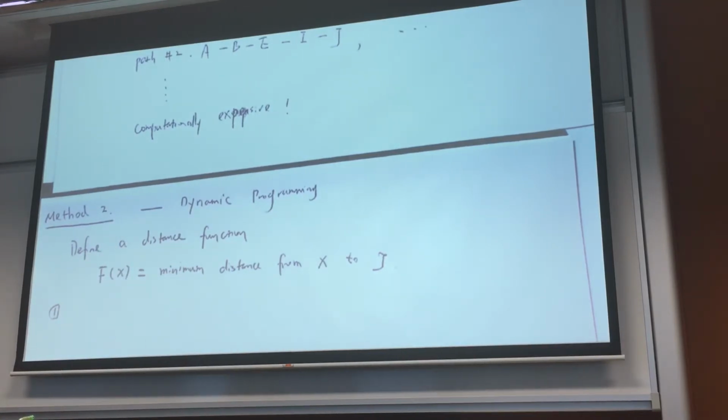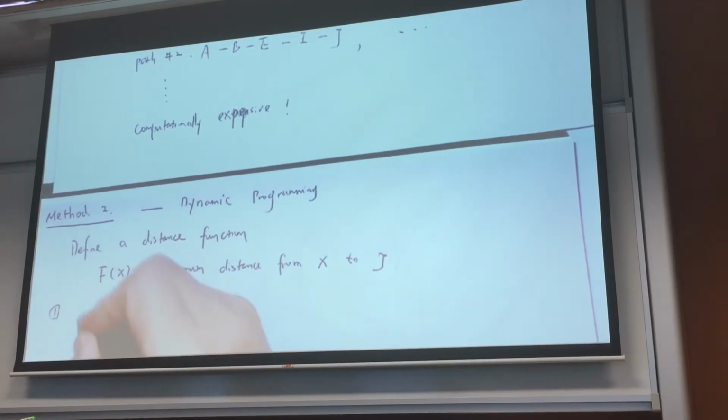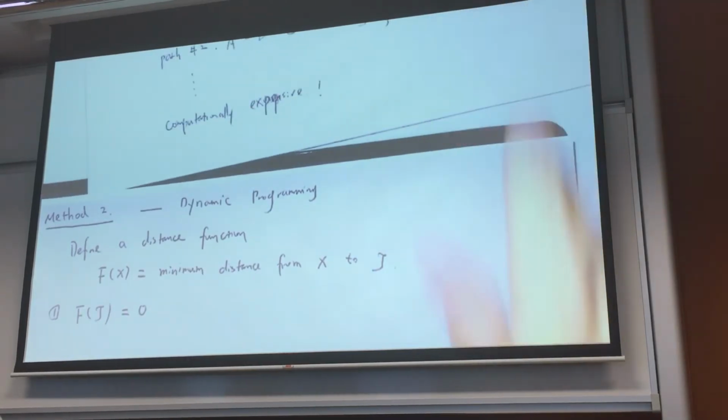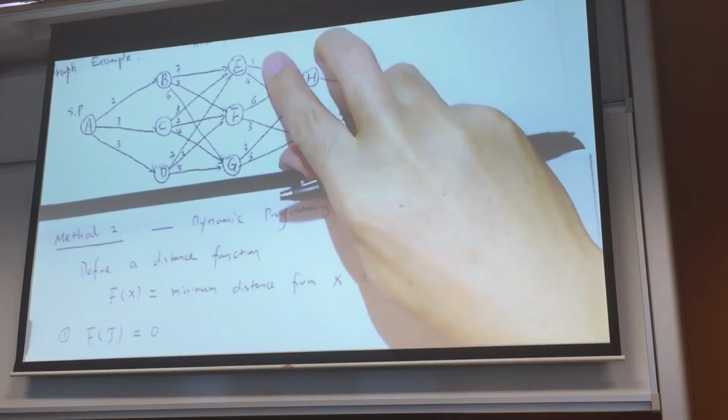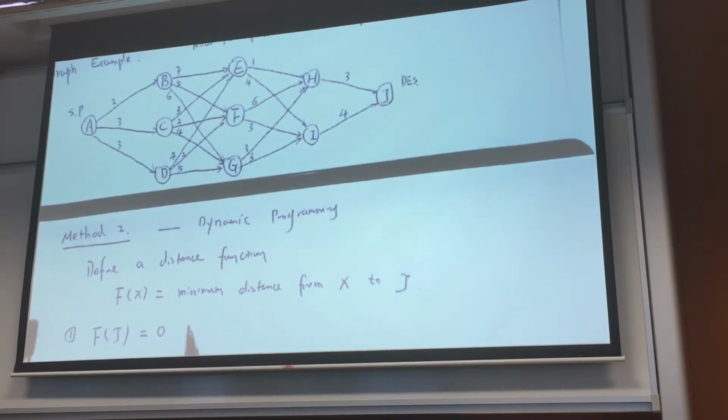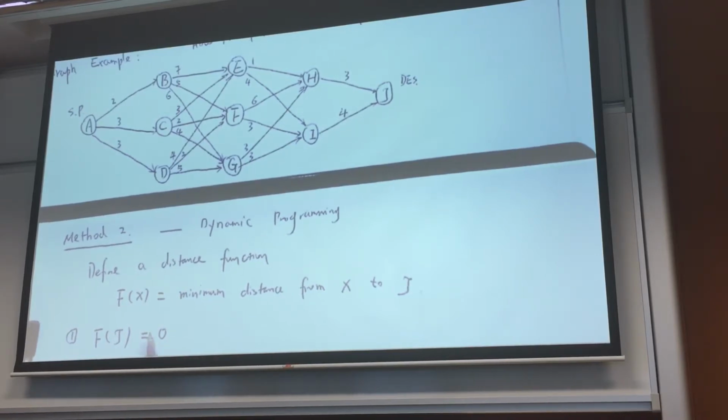We start from the destination, so obviously f(J) equals 0. From the node to itself, the distance is definitely 0. So this is the first iteration, very simple to understand.